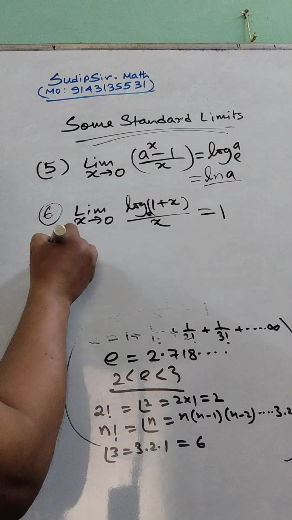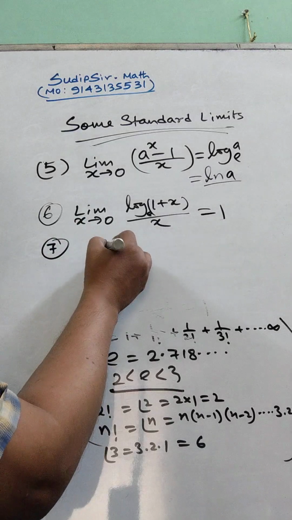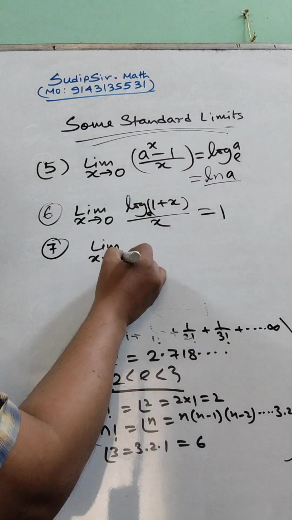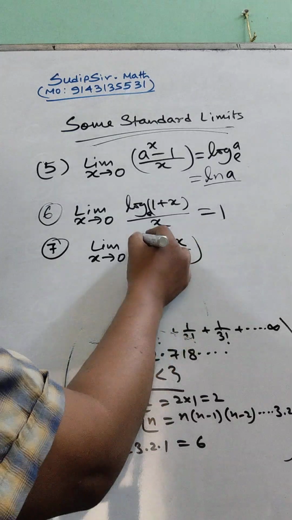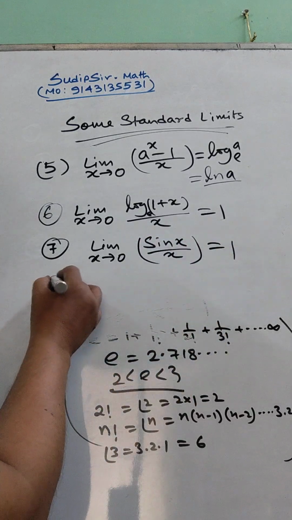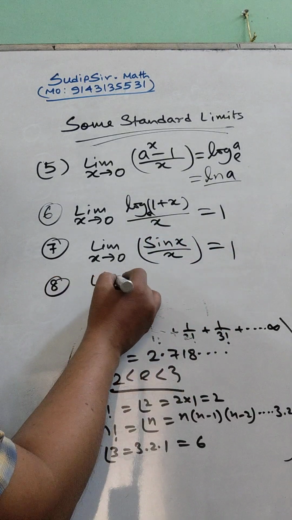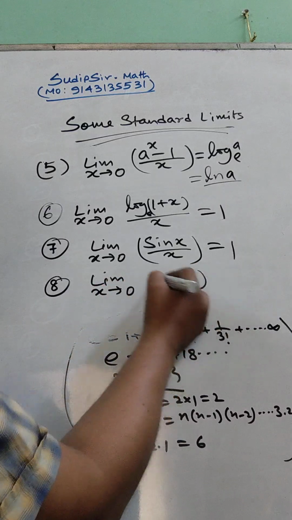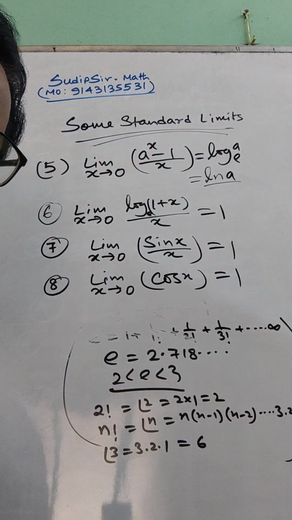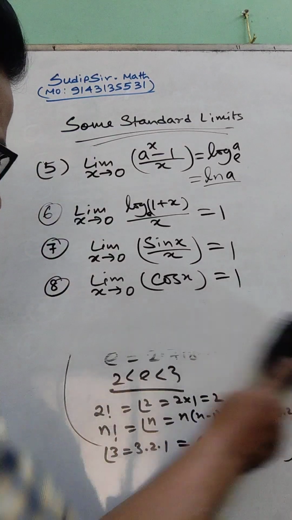Now trigonometric: the limit as x tends to 0 of sin x by x equals 1, and the limit as x tends to 0 of cos x will be 1.